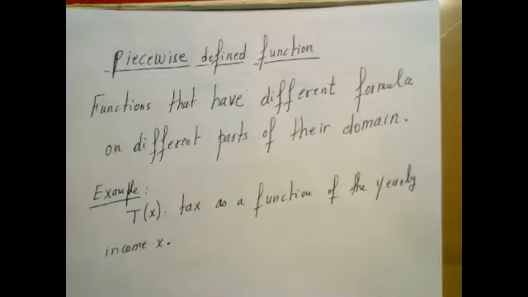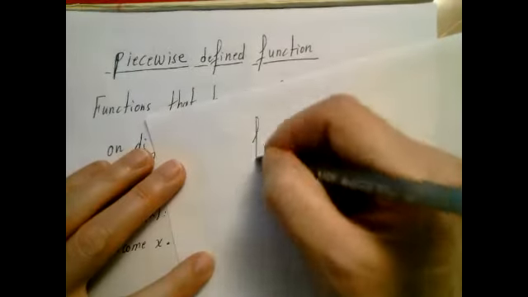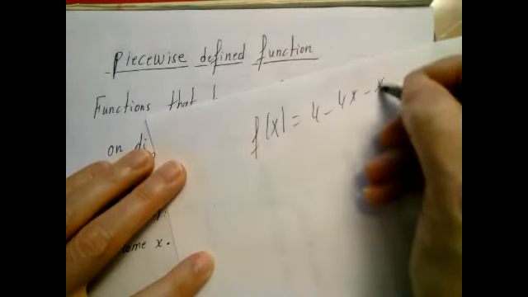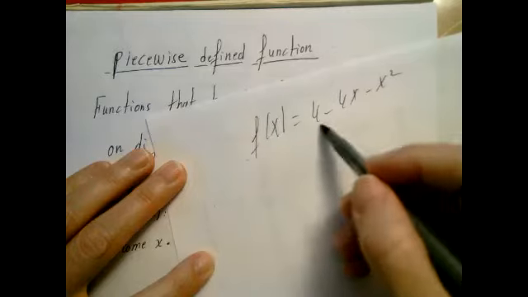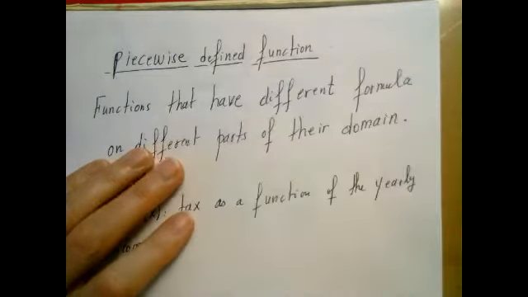So they are functions, but the formula changes with x. So we don't have a unique formula for all x's. Like when we took the following problem, f of x equals, let us say, 4 minus. Okay, so this was the formula for all x's.